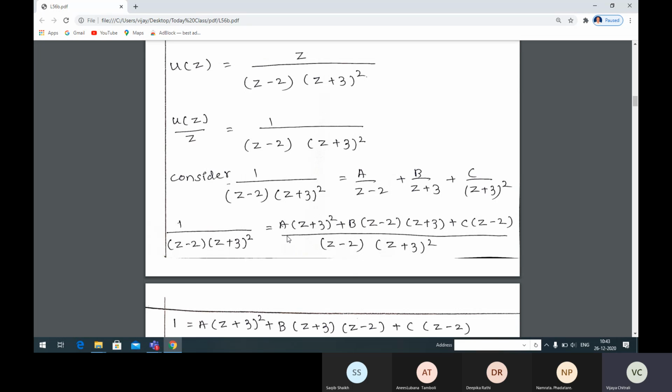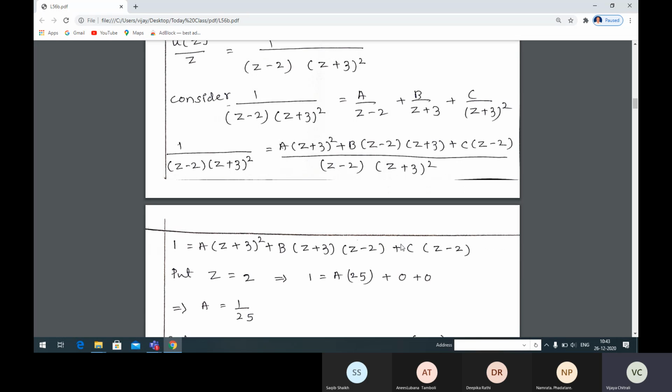So you will get A(z+3)^2 + B(z-2)(z+3) + C(z-2), all divided by (z-2)(z+3)^2. Right? Now, by proper substitution of z, we need to find the values of A, B, C.